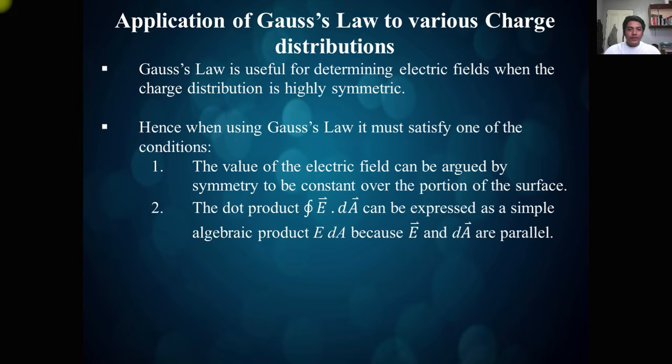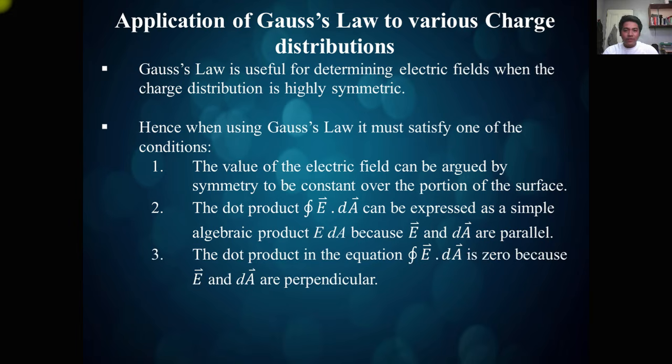Number 2, the dot product in the closed surface integral of electric field vector E and normal area vector dA can be expressed as a simple algebraic product E dA because E and dA are parallel. In other words, if theta is 0, we can apply Gauss's law.